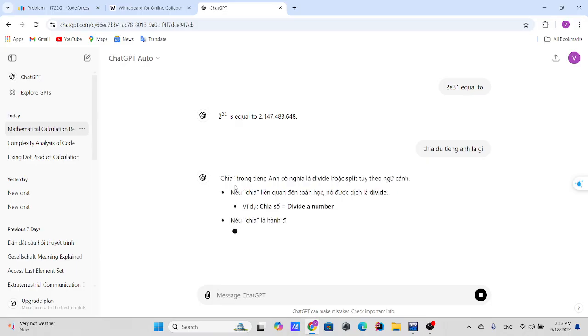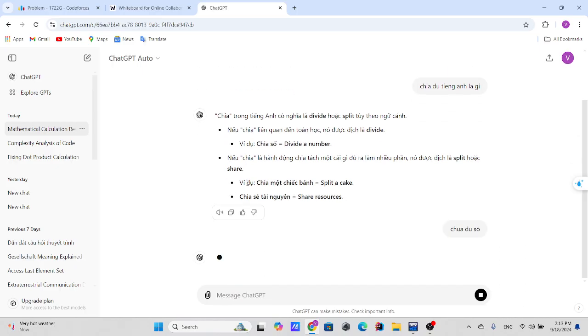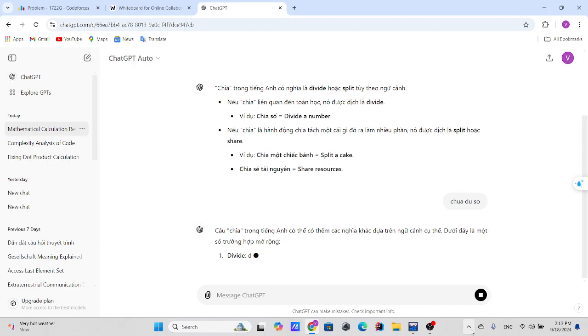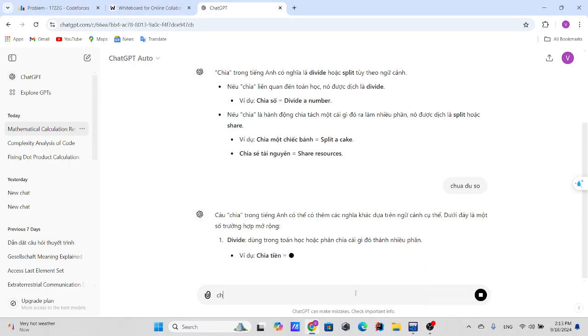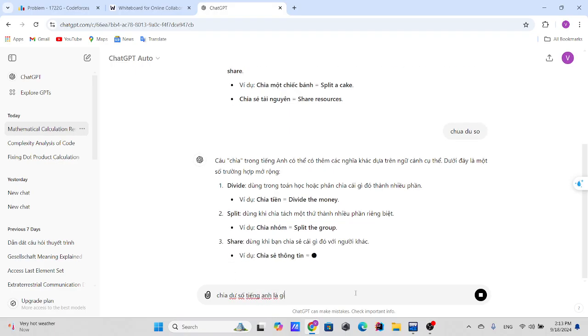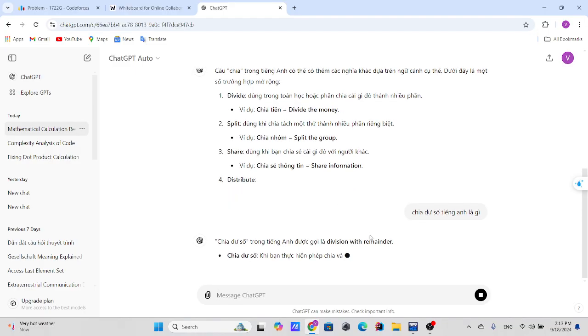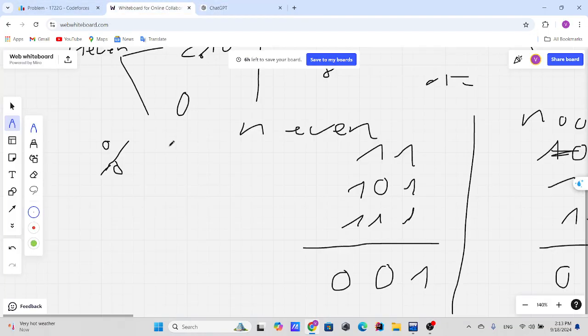Divide or split? Let me open Unity. No, not that. What's that called? Division with remainder. Yeah, it's called a remainder, right?